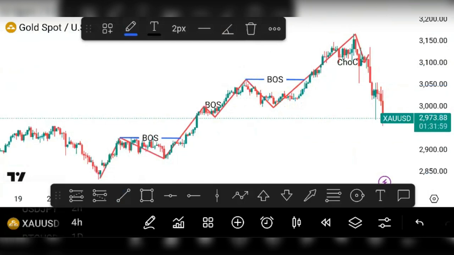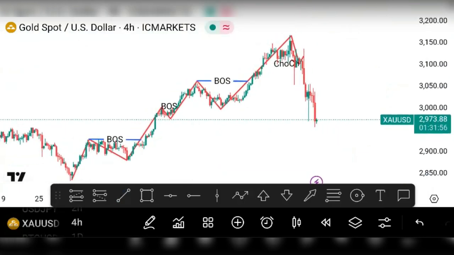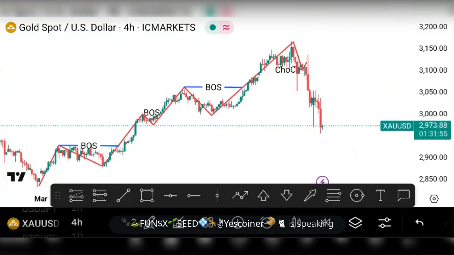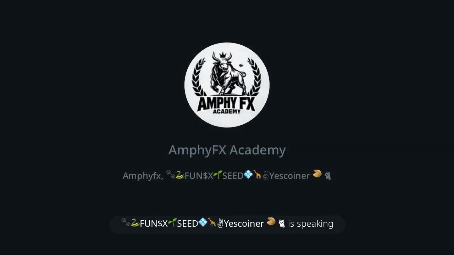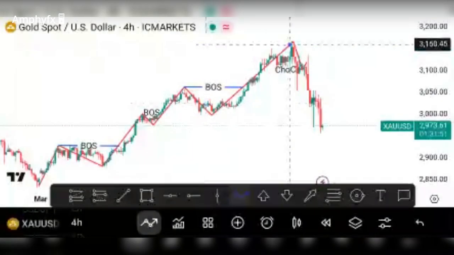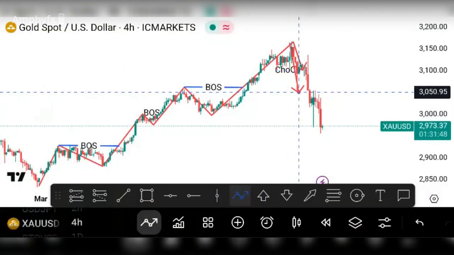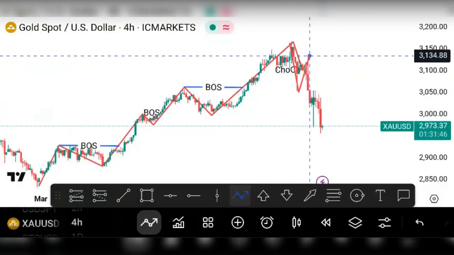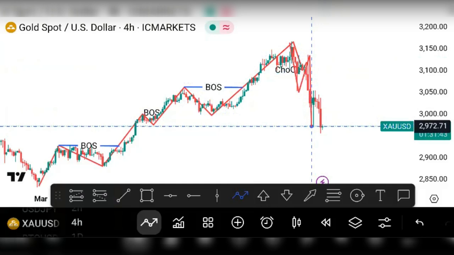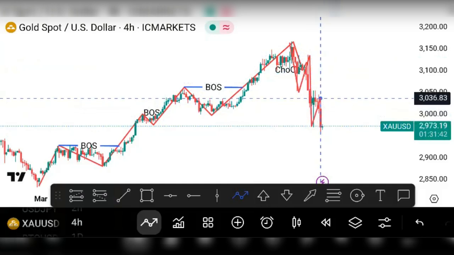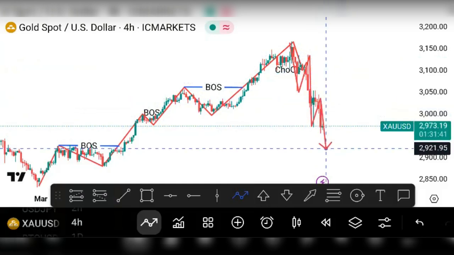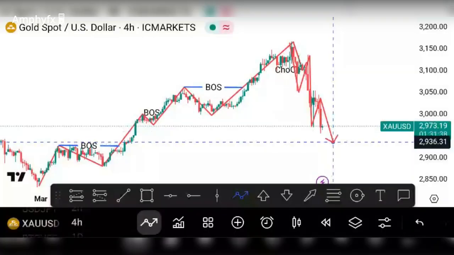A change of character. And after the change of character, we're having a downtrend, because the market is coming down, giving us a series of lower lows, lower high, lower low, lower high, and then we are looking for a lower low now that is lower than this low you are seeing.